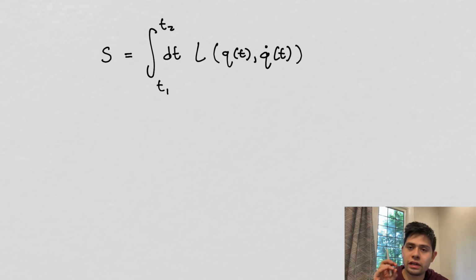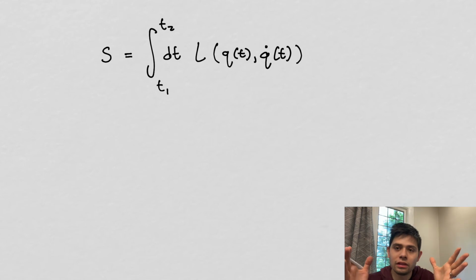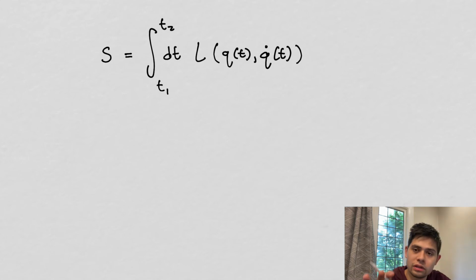The Lagrangian, again, is a function of position and momentum, if you will. And we want to find the path at which the Lagrangian is minimized. Right now we've only really described the action.